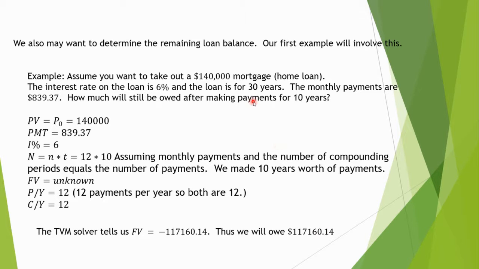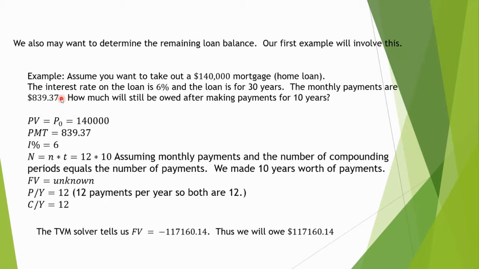But this example considers that. So again, let's suppose we have a $140,000 mortgage, a home loan as before. The interest rate as before is 6%, and the loan's going on for 30 years, just like what we saw before. Now, the monthly payments we calculated already, so we already know that.